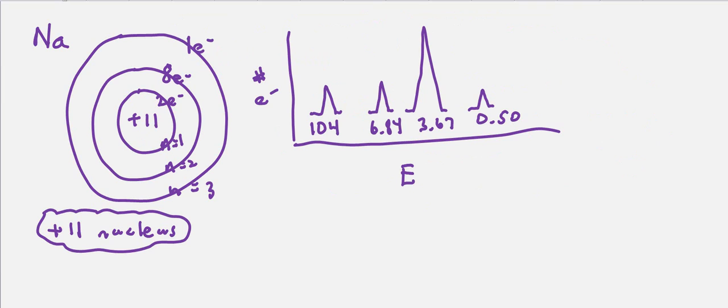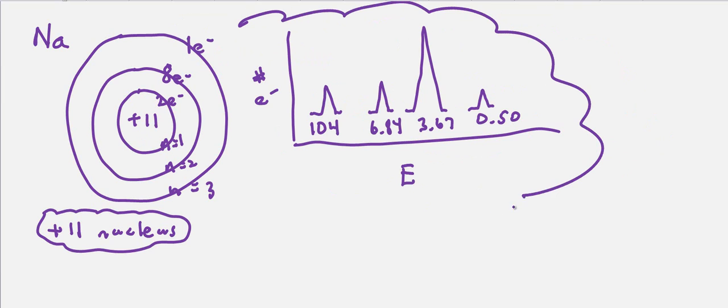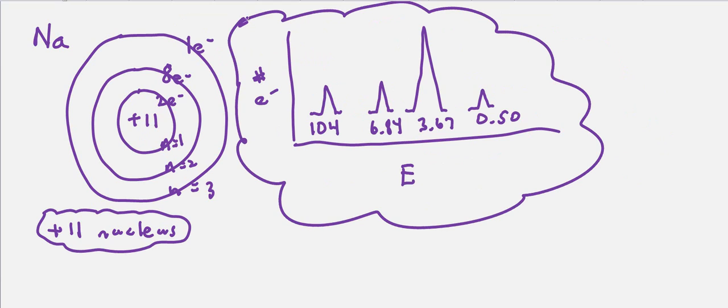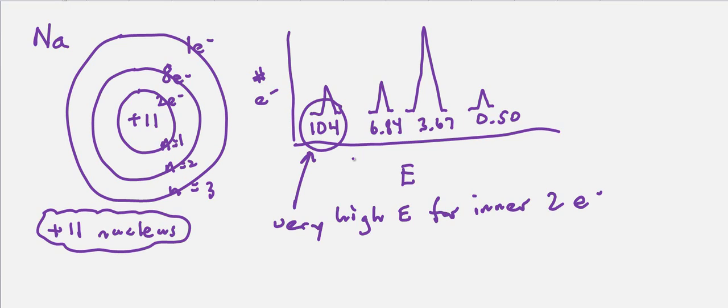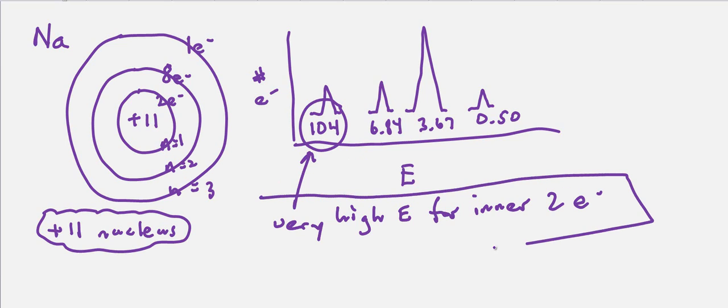Now this would be what the photoelectron spectroscopy results look like for a sodium atom. And again, let's take a peek at the information this provides us. We see one piece of data, a very high energy of 104. This corresponds to the two innermost electrons at energy level 1.